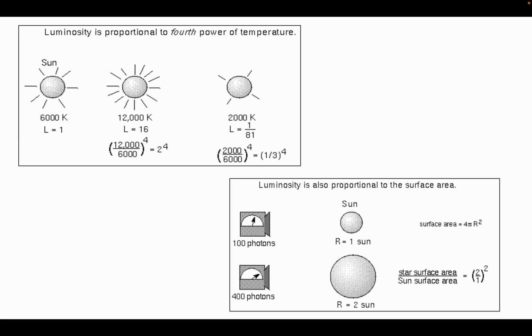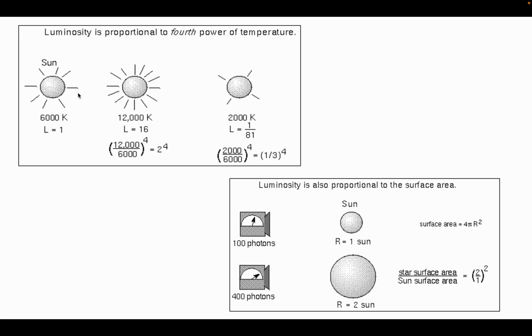Now we can check what luminosity is. Luminosity is equal to sigma T to the power 4 times 4 pi R squared, where R is the radius of the surface of the star or object. So from black body emission, the luminosity is proportional to the fourth power of temperature.